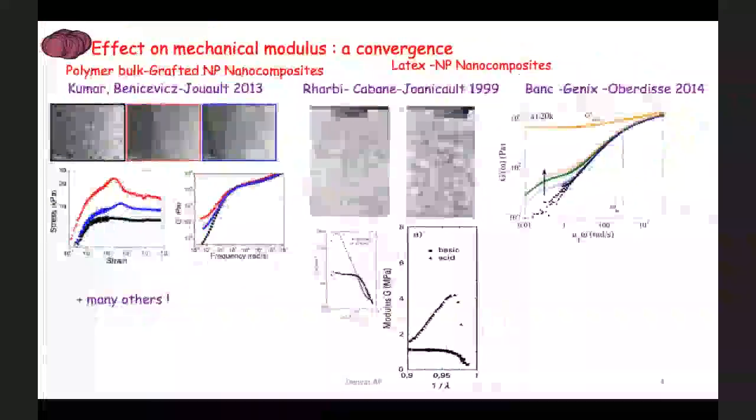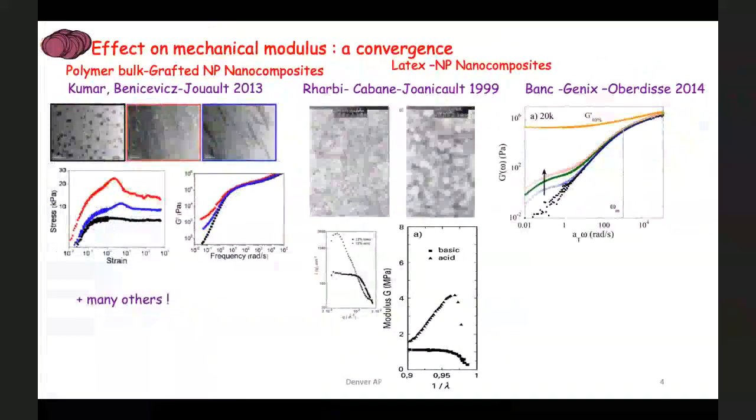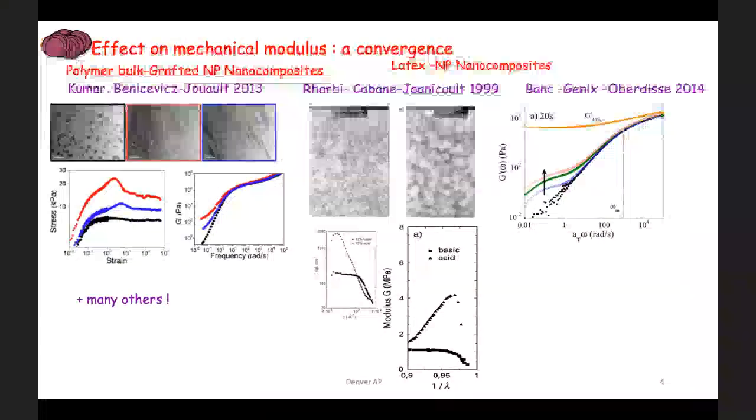So the idea in this case is that you obtain the aggregation through the change of pH, which induces changes of charges, and which induces an aggregation of nanoparticles. And so you can vary the aggregation state just by the pH. Apart from that, the system is the same.